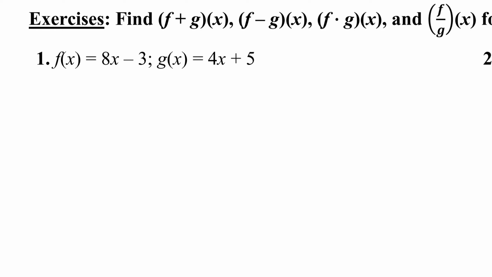Then you don't have to show the adding over here, you can just write the answer: 12x plus 2. Cool. Now you do the next line. Literally it's the same thing except minus here.